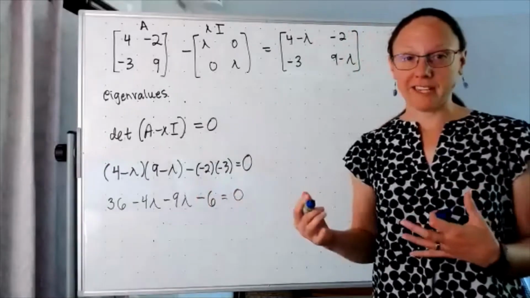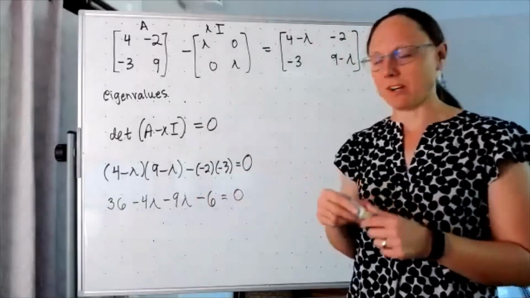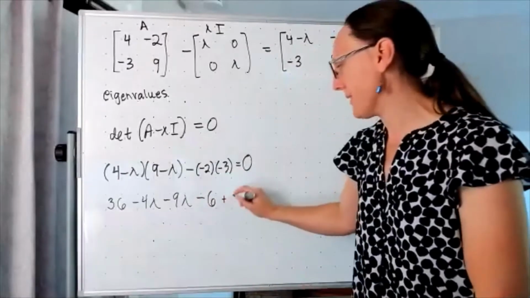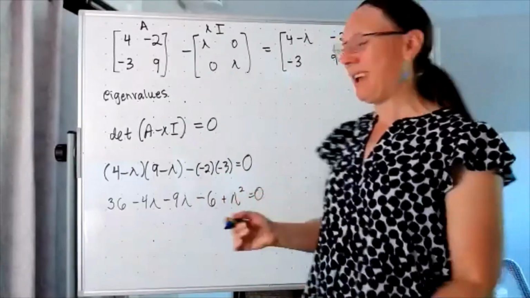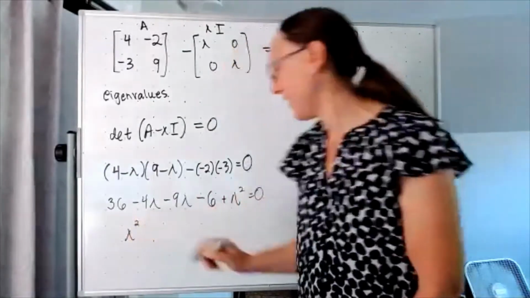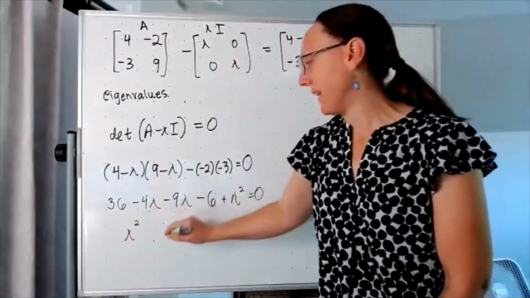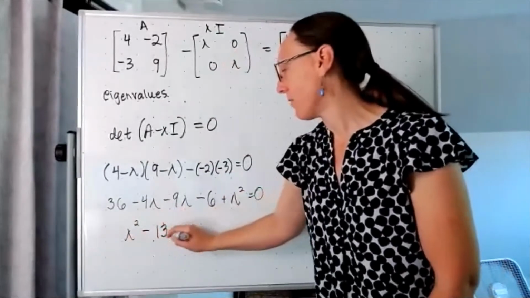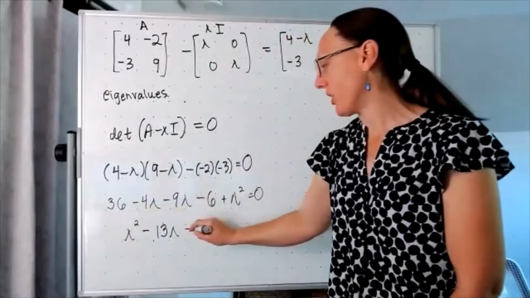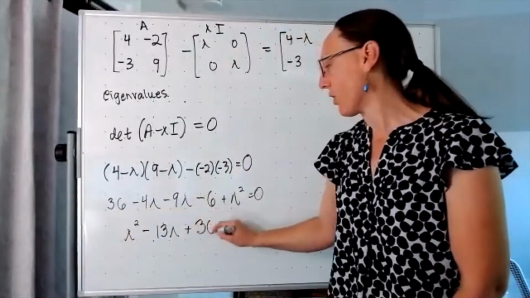And if we put all of that together, oh wait, I lost my lambda squared somewhere in there. We'll just put it on the end. Because I know that it factors, I'm going to put my lambda squared in the front. And when I combine my lambda terms, I think that's a -13 lambda. And 36 minus 6 should give me a +30.